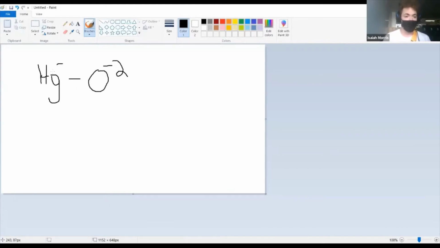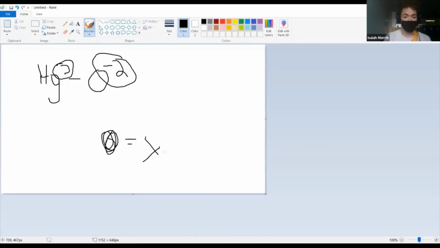We have this charge right here that we don't know, and we have this charge here that we do know. So we know that 0 is going to have to equal x minus 2. This is x. So then we can solve for x, where we know that x is equal to 2.